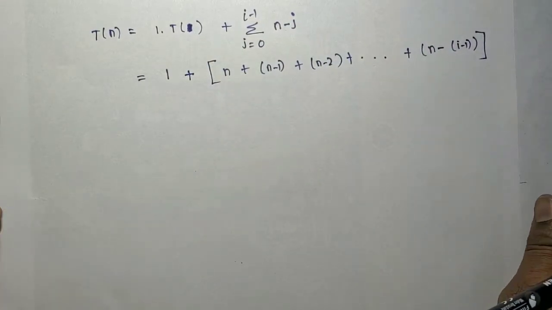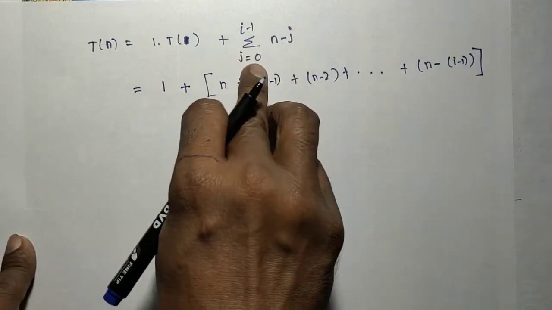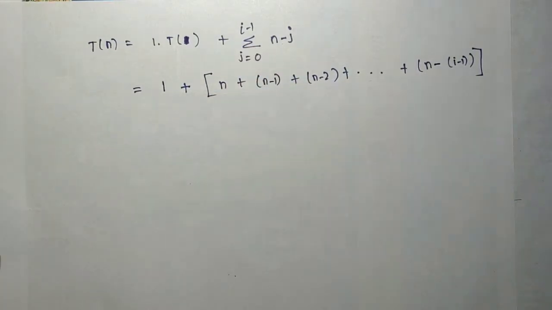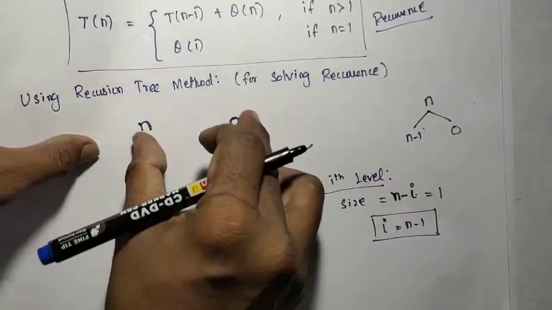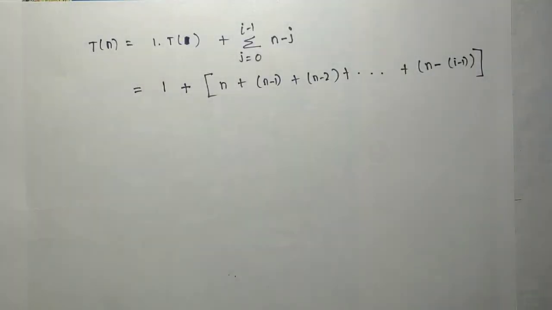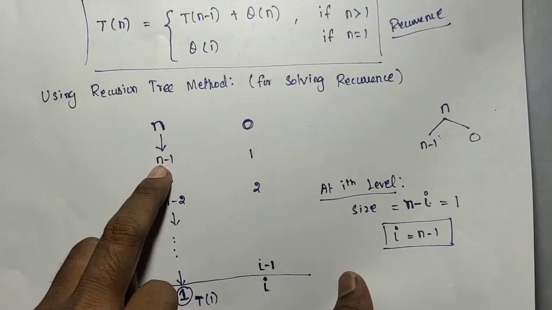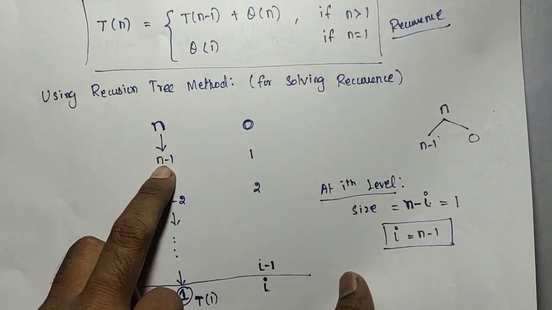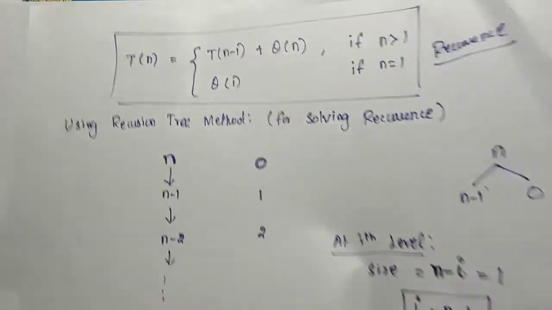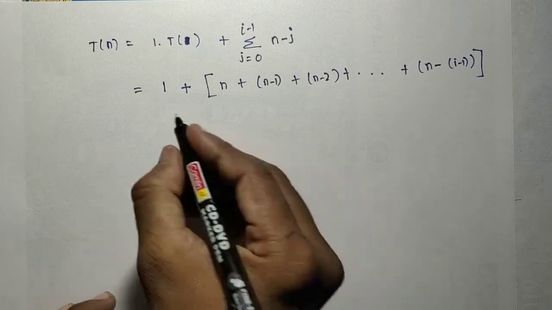I substituted the j values 0, 1, 2, 3. Don't get confused. In each level I have just added this: n plus n minus 1 plus n minus 2 plus up to n minus i minus 1. Like that I have added.